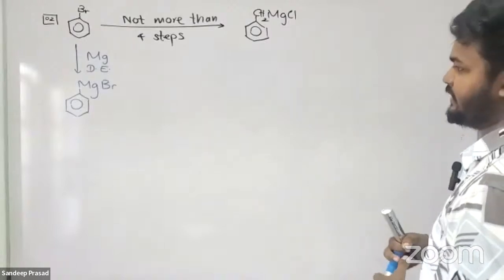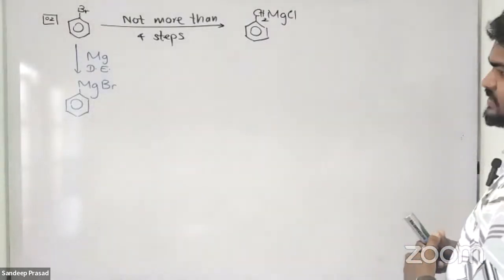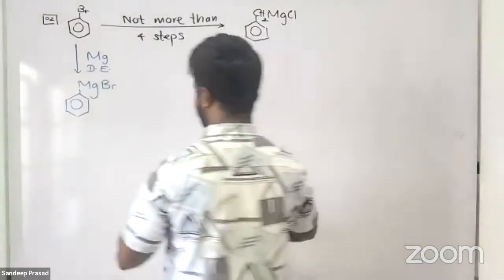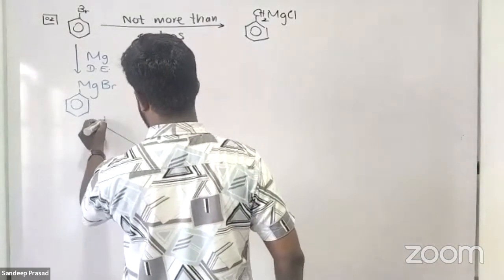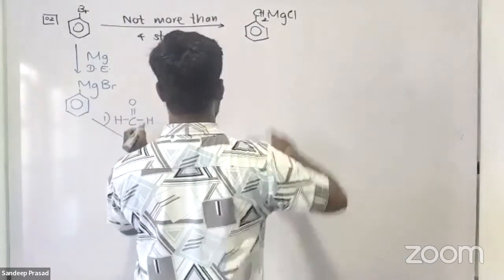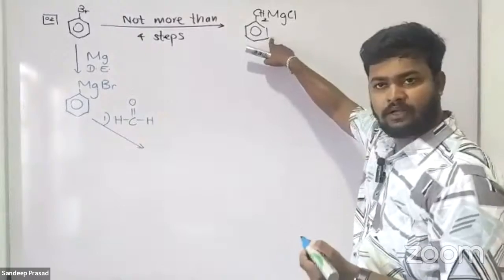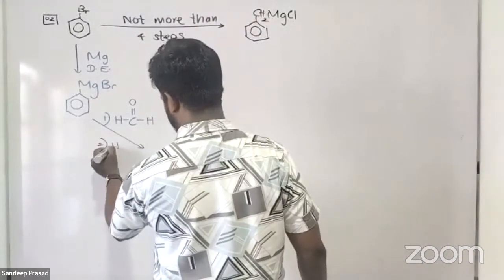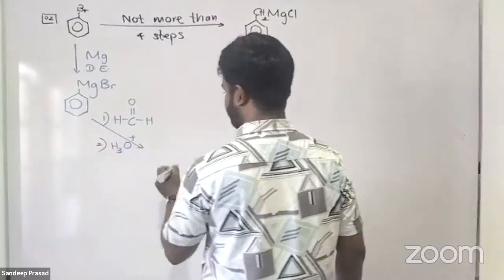And what can we do next? I'm going to add the simplest aldehyde, methanal, because you can see that in the final product only one carbon atom is being added. So we add methanal, and secondly, H3O+.